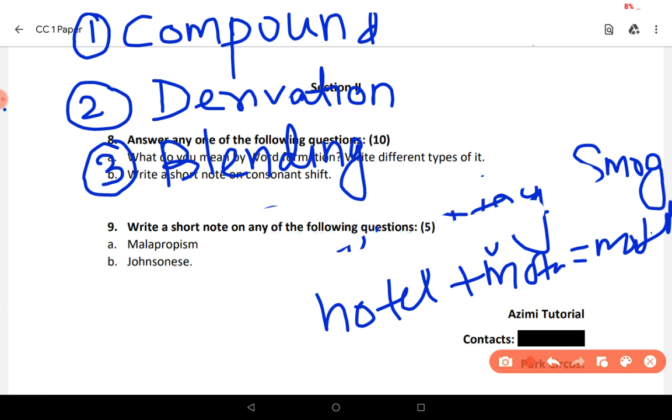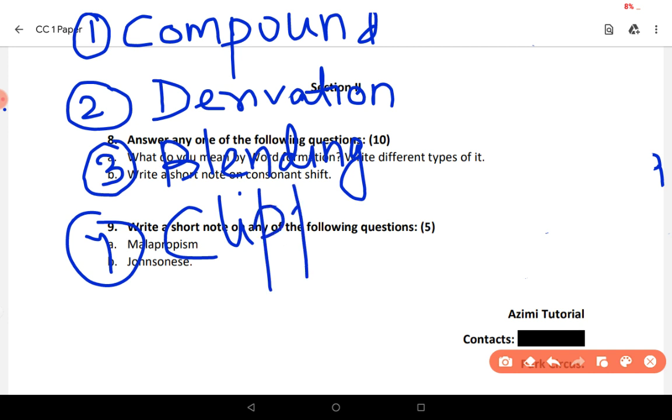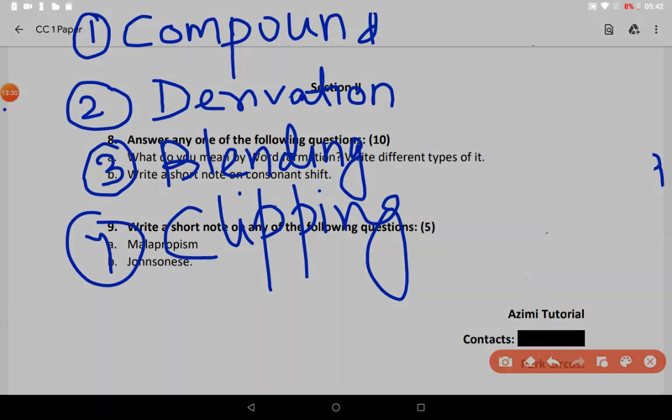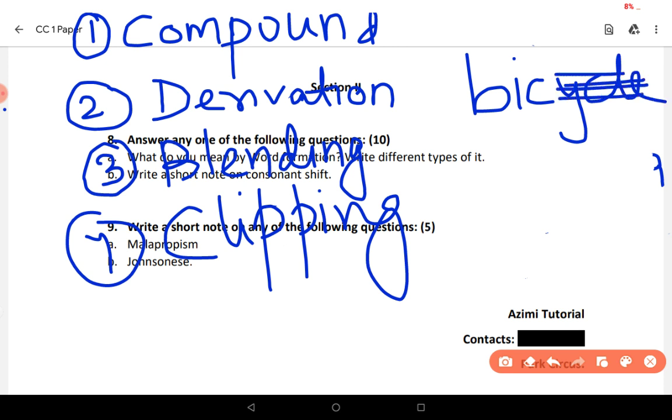So these are some of the examples of blending. The fourth type of word formation is called clipping. What we do in clipping is that we take a word and then we cut a part of that word to make it short. For example, bicycle is a word. Okay, we clip, meaning we cut one part of the word. What are we left with? Bike.